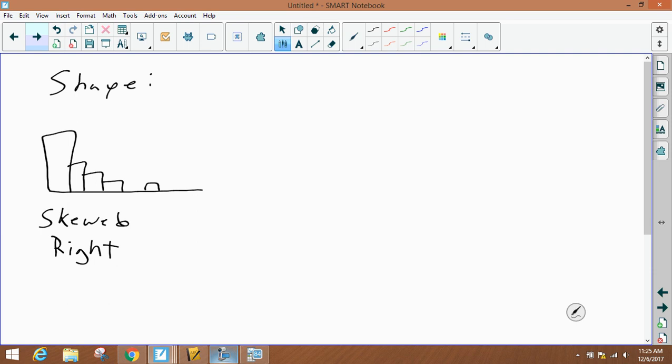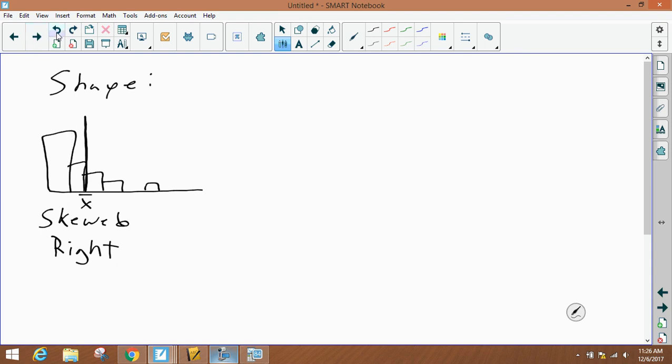And the reason that it's skewed right is that when you have all your data over the left, it turns out that your mean, remember we said that was X bar, actually gets pushed out away from your median.